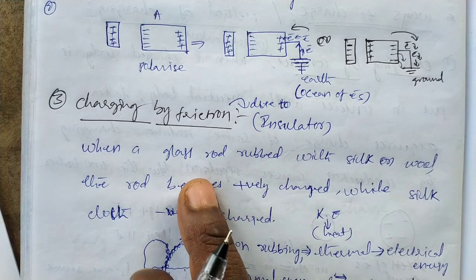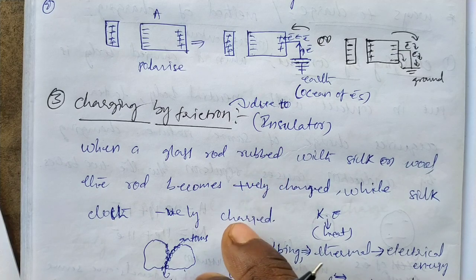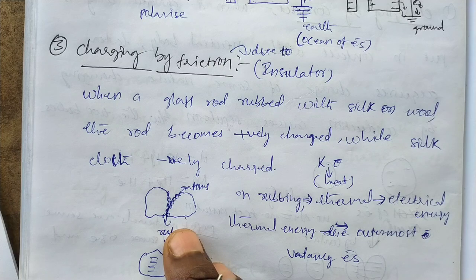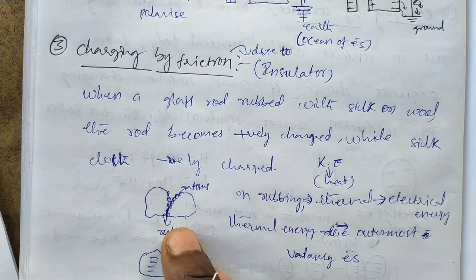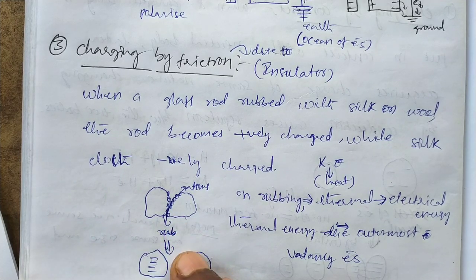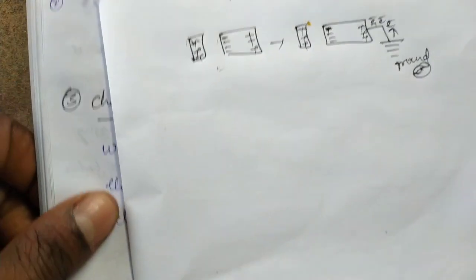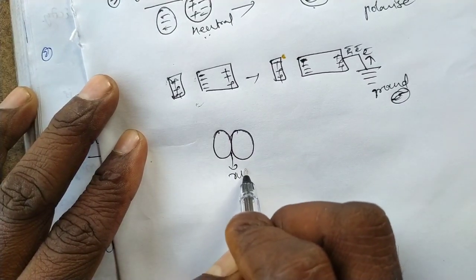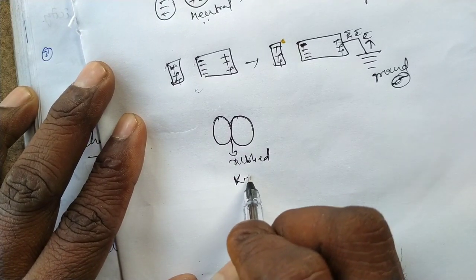Suppose the glass rod gets positive charge carriers and the plastic rod gets negative charge carriers. When we rub two insulator materials, such as plastic and glass, kinetic energy is formed.